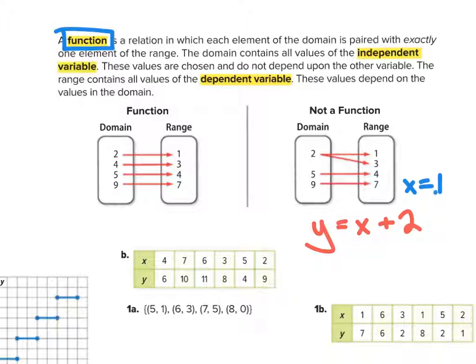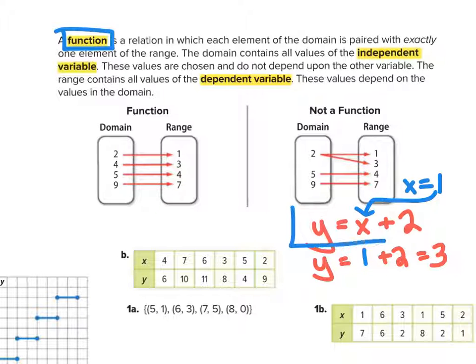If I put a 1 in for my x, just like I put my coffee grounds into my coffee maker, I would get out 1 plus 2, or a 3. So my function is y equals x plus 2. I put a 1 in for my x, and I get a 3 out. That is a function. I put something in, I get something else out.